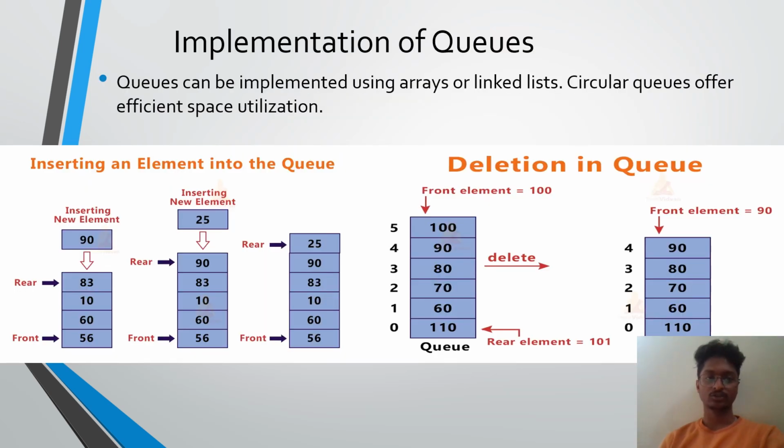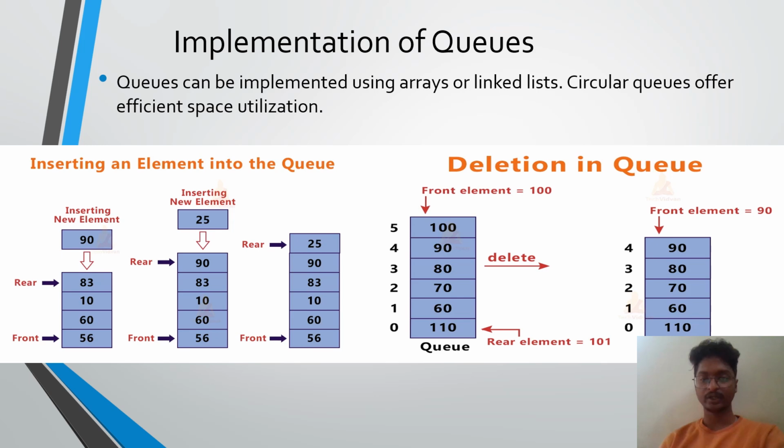Implementation of queues. Queues can be implemented using arrays or linked list. Circular queues offer efficient space utilization. One thing to remember while inserting and deleting an element in a queue is that during insertion we insert an element from the rear end and deletion occurs at the front end. During insertion, first we increment and then we add the element.